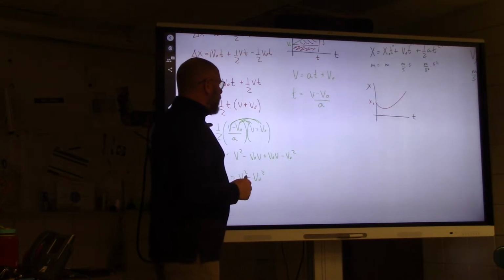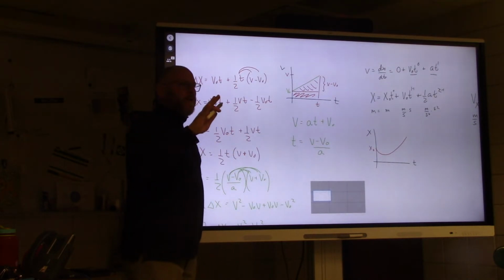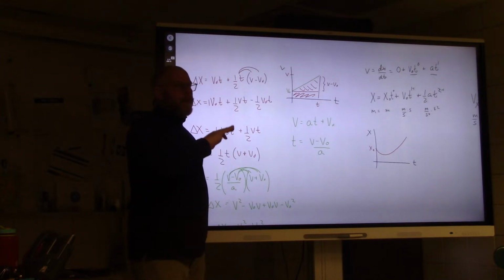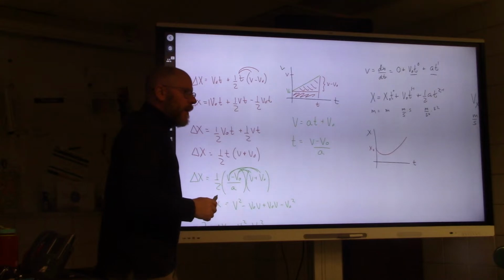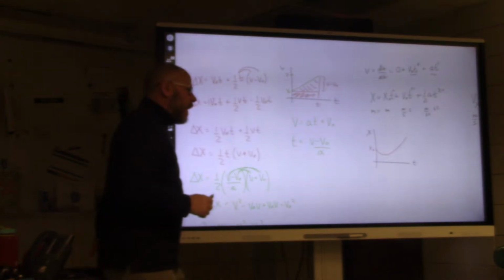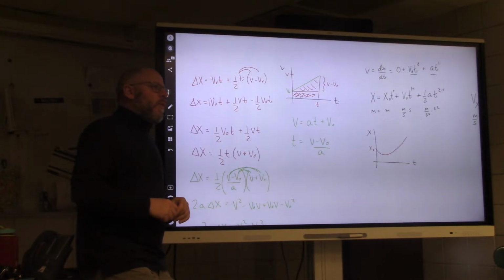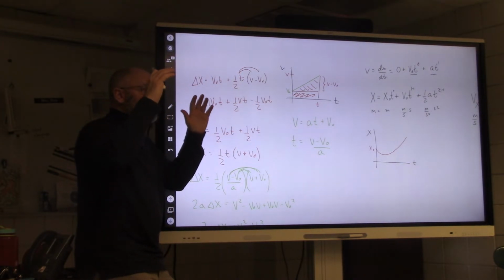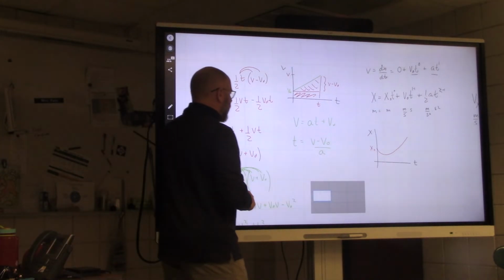These three equations that we've been looking at only work if your acceleration is constant. So oftentimes on the AP test, it'll say something like, here are four equations, which of these could you use to solve for something?